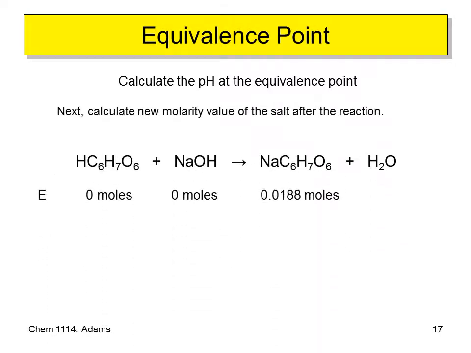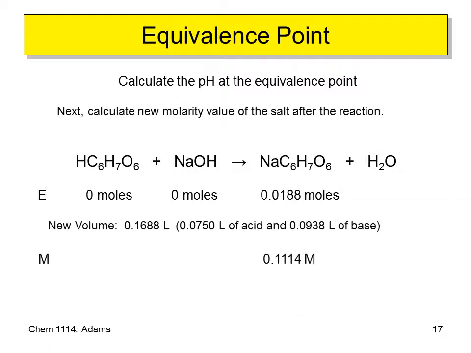Now, we are going to calculate the new molarity value of the salt after the reaction. This is from the previous slide, the equilibrium concentration, moles, and the new volume is the volume of the acid plus the volume of the base.